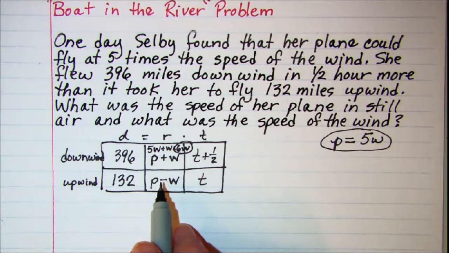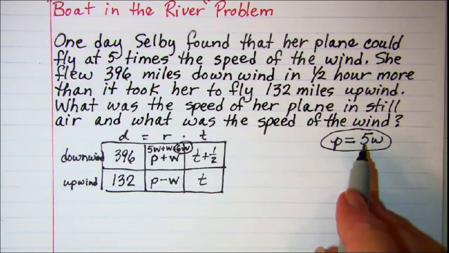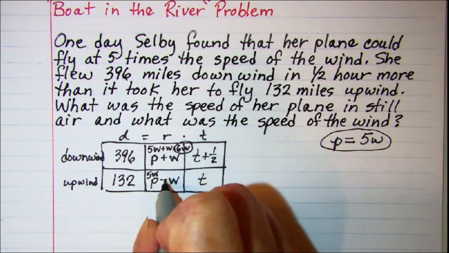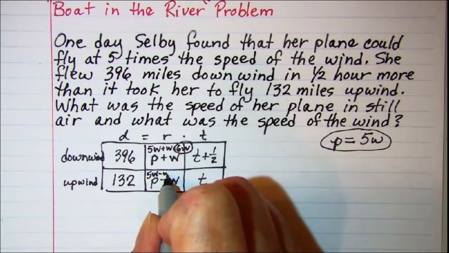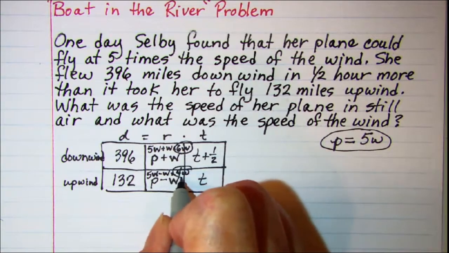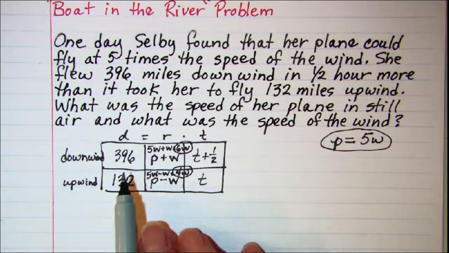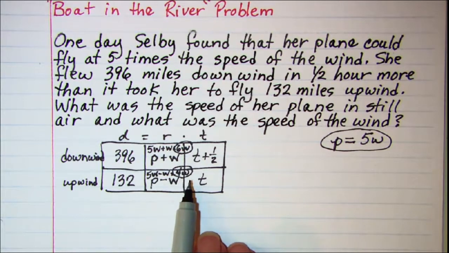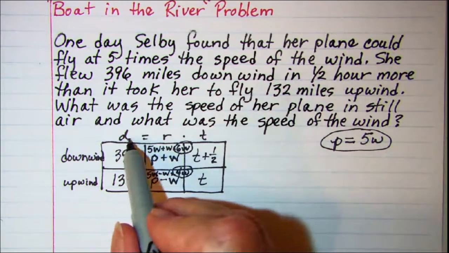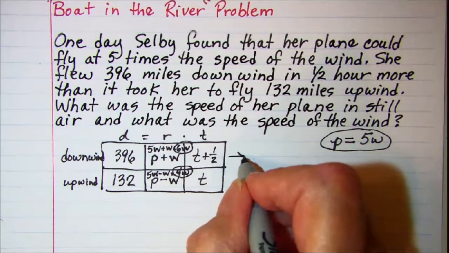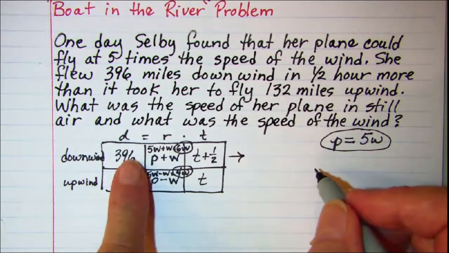And for this one, my plane, again, I'll use 5W, and then minus W gives me a 4W that I can use for my rate. Now once all of the cells in the dirt box are filled in, I can use this equation at the top to get my equations that I'm going to solve.